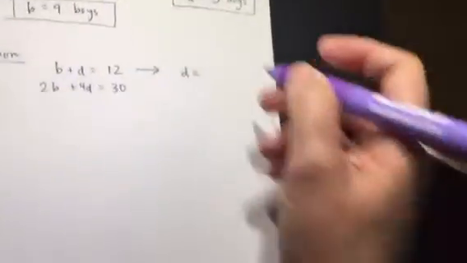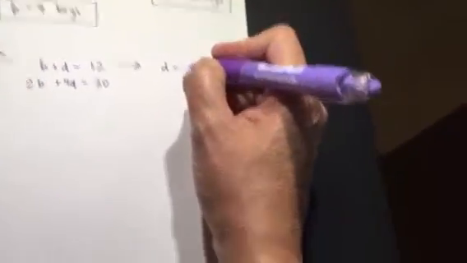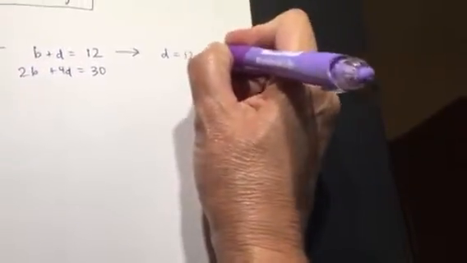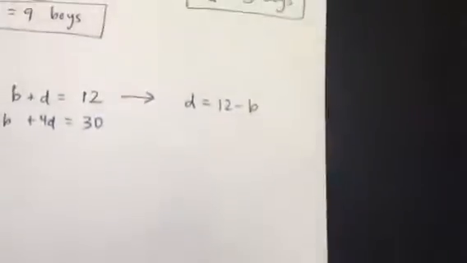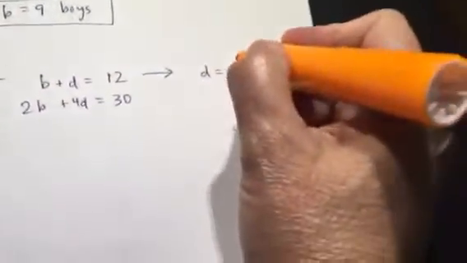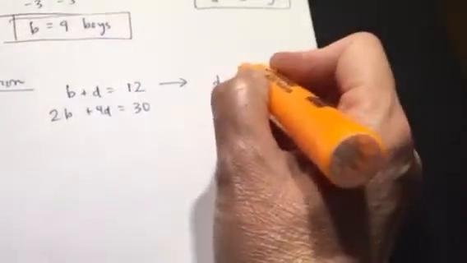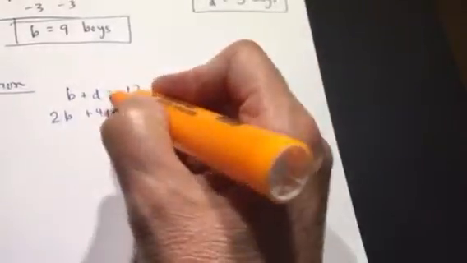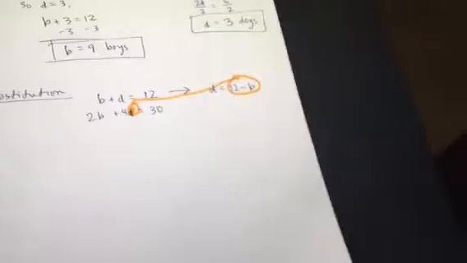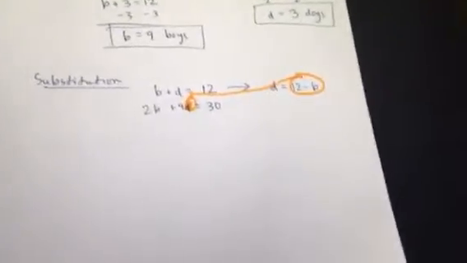d equals, subtract what? b. d equals 12 minus b. Then what? d equals 12 minus b. I'm going to substitute that into the second equation for the d, because that's what d equals.